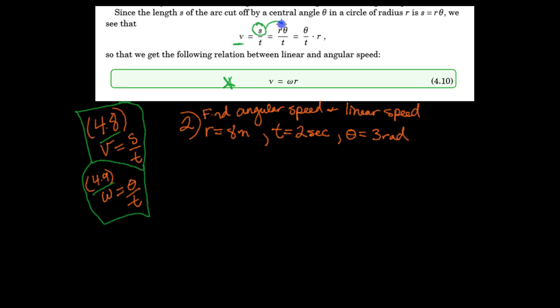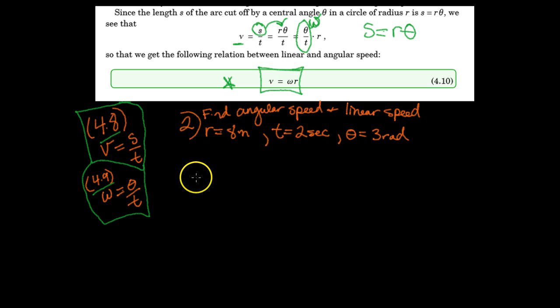S is arc length, so if you recall that s, arc length, is equal to r times theta. So if you substitute that in and you put r over on the side, theta over t is omega. So we have omega, which is equal to theta over t. So if you substitute that, then you have this nice new formula.